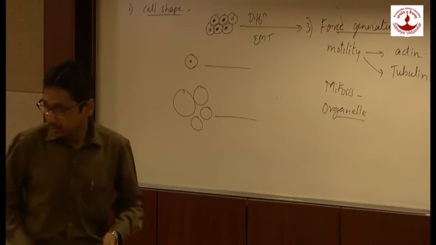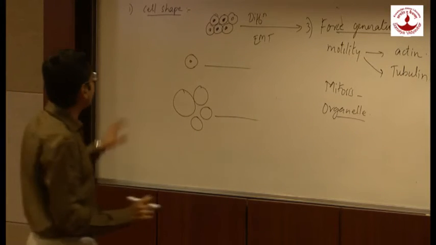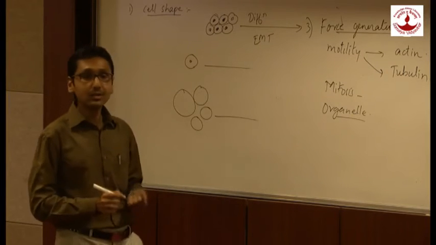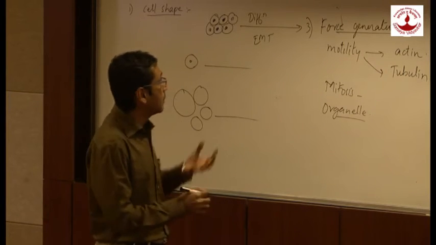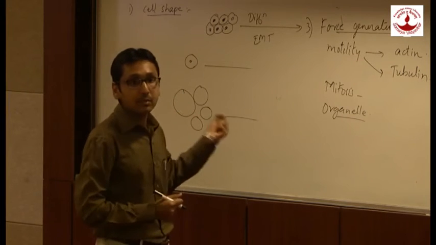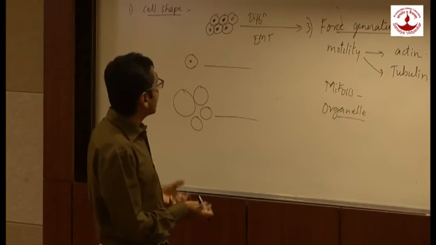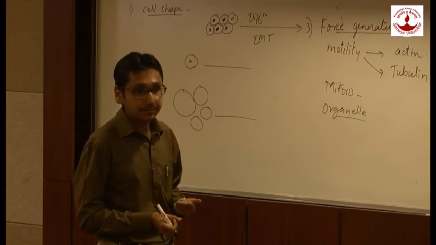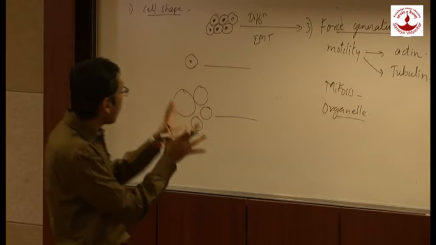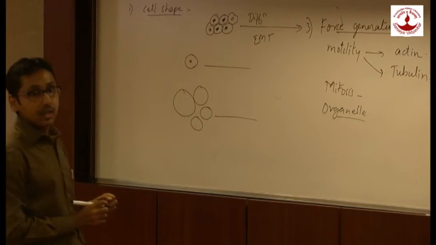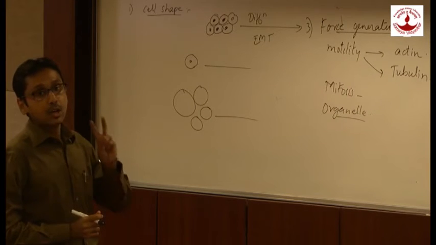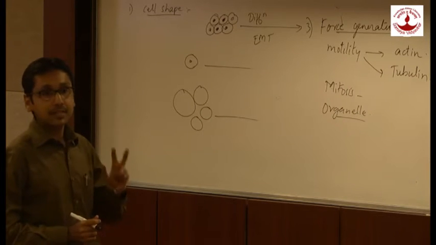In order to understand how cells are able to feature so many beautiful properties, we have to understand the underlying cytoskeleton. And for the cytoskeleton to do all this, it has to have two properties. These properties are very important.